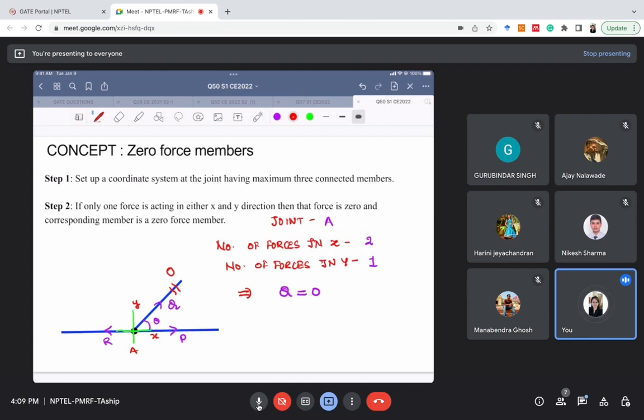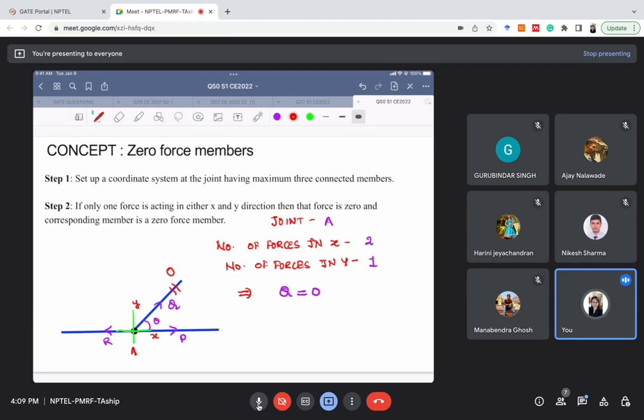It means Q sine theta has to be 0 in order to satisfy the vertical equilibrium, because if Q had any value, let's say 2 kilonewton, then there should be some other force here to balance this value of Q sine theta, but there is no force. This means that Q is 0, right?